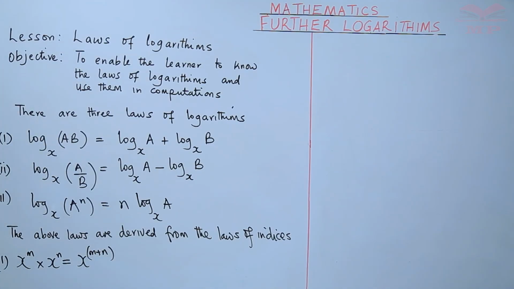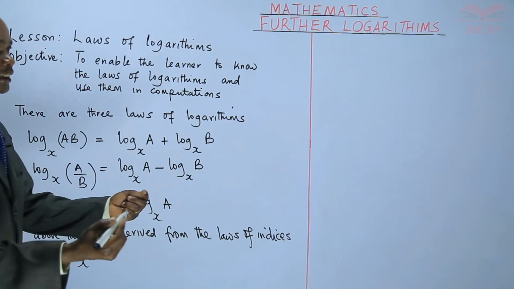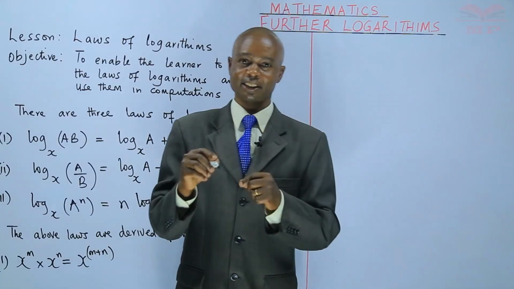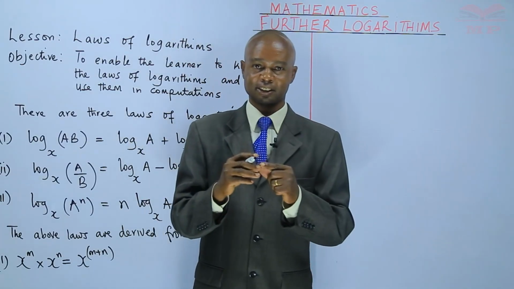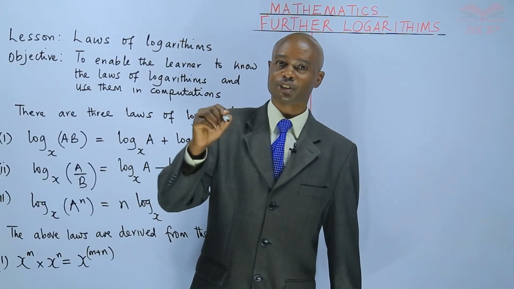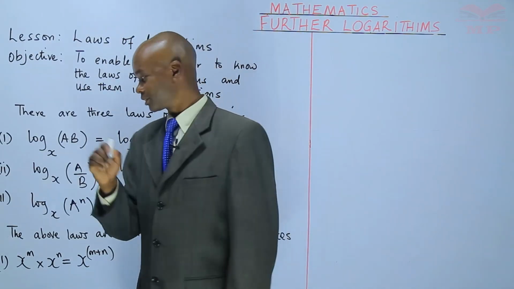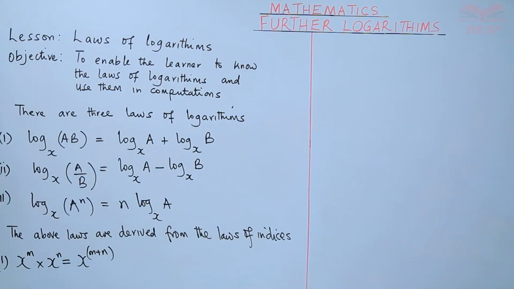We shall find how that comes in. If we have x raised to m, like 2 raised to 3 times 2 raised to 7, it is the same as 2 raised to 3 plus 7. It will give 2 raised to 10. That is the first derivation.